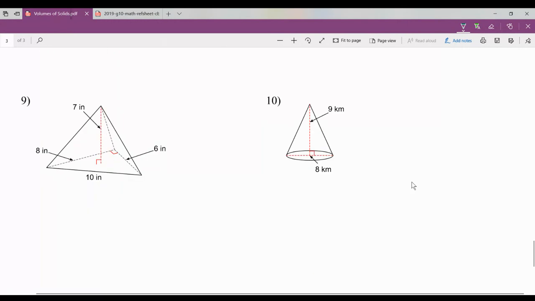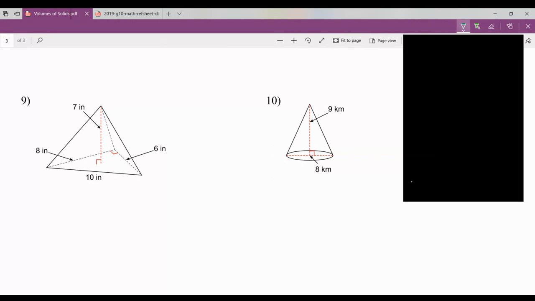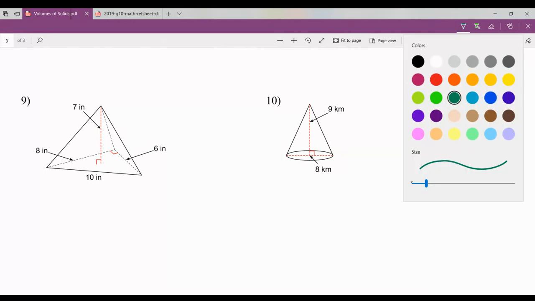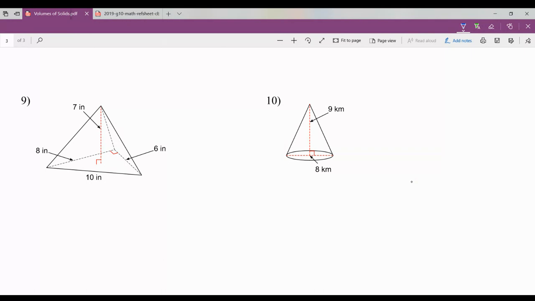Number 9, this is a triangular based pyramid. I'll go back to blue. The base of your pyramid is a triangle. That triangle appears to have a right angle here, so its base and height are the sides that are perpendicular to each other. So it would be 6 times 8.